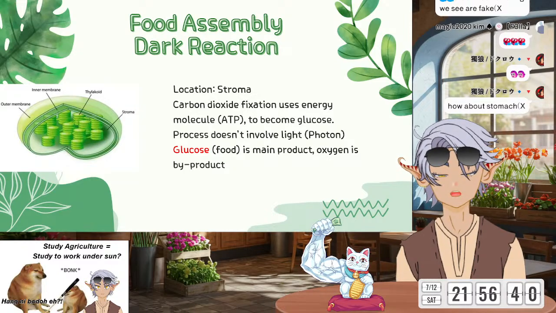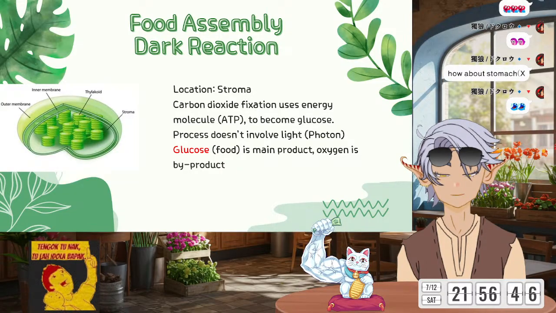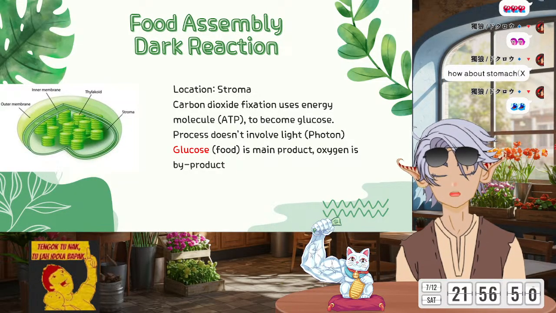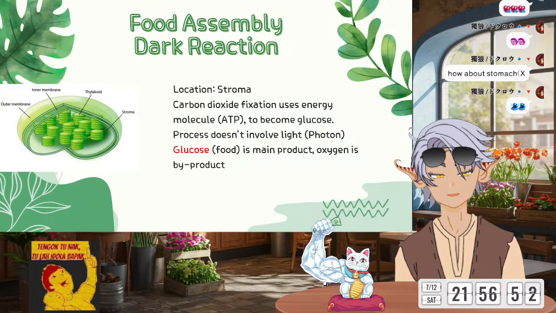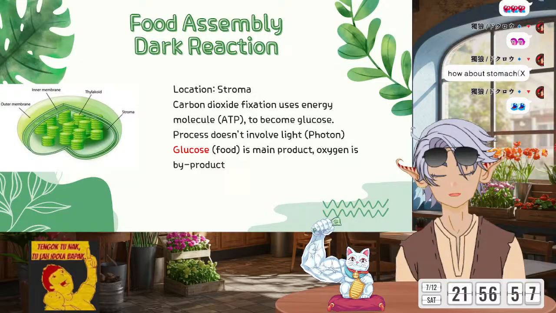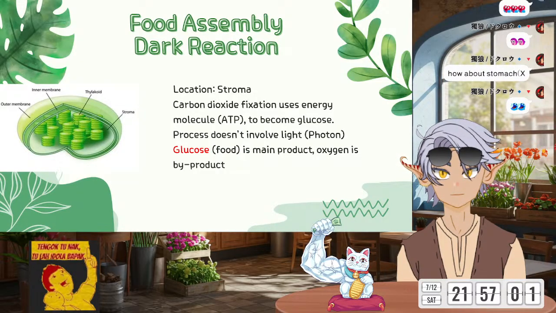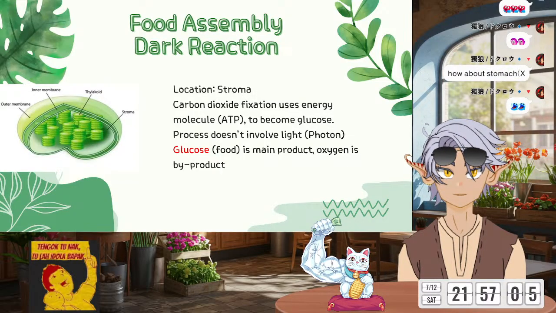Let's go a little bit technical. Carbon dioxide fixation, or carbon fixation, uses carbon dioxide, which also has C inside. It uses an energy molecule, adenosine triphosphate, to become glucose.